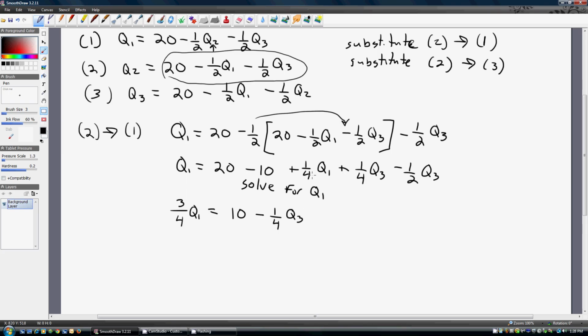Plus 1/4 times the output of firm 3 minus 1/2 the output of firm 3 simplifies to just minus 1/4 the output of firm 3. Now multiplying through by 4/3, we're going to get 40 divided by 3 and 1/3 the output of firm 3.